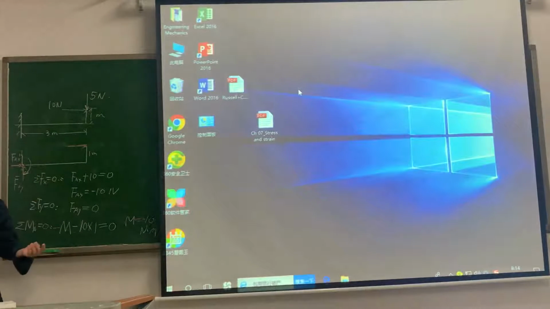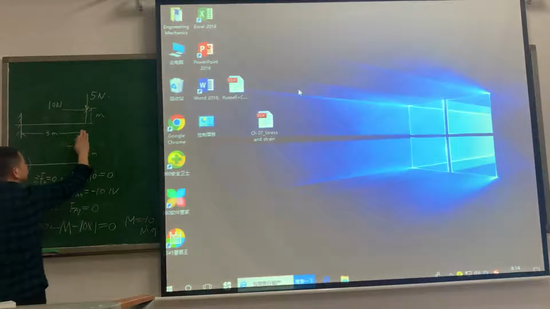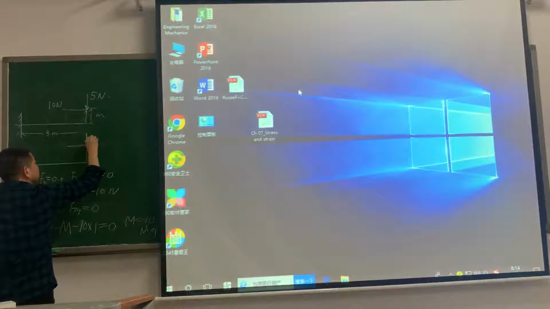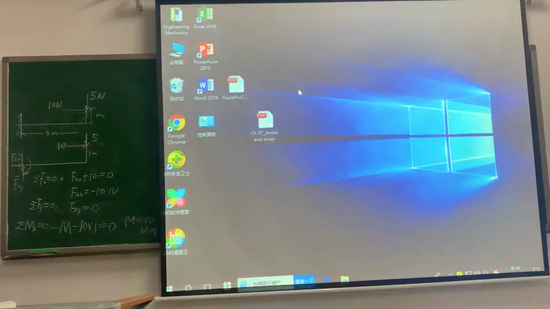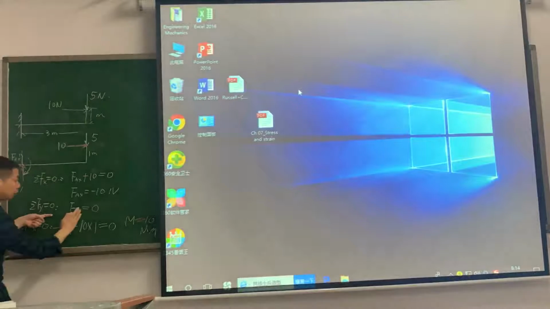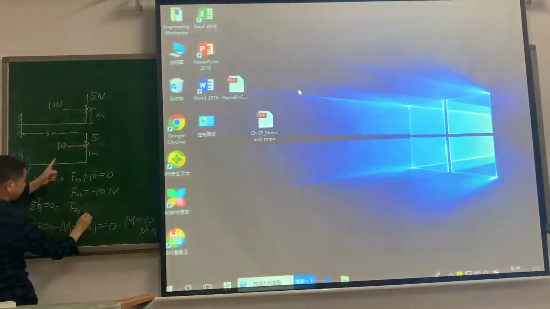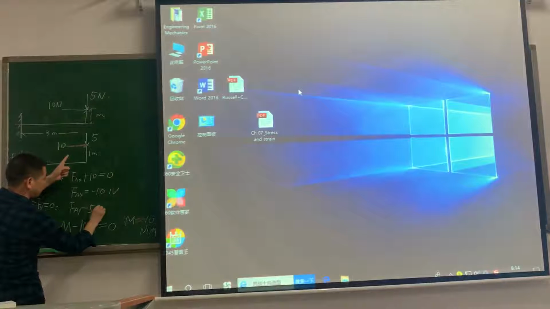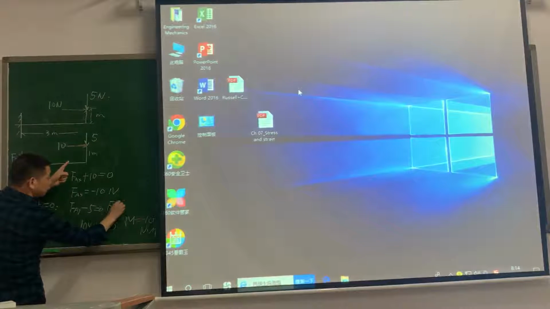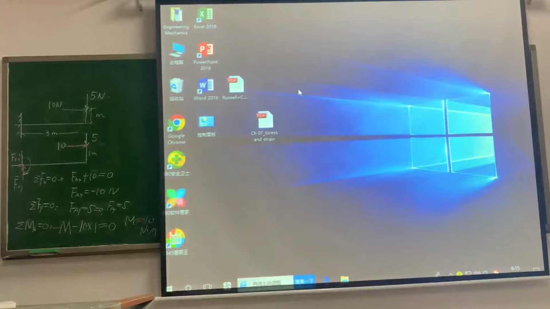Yes or not? I change the problem. Then we get the free body diagram. Is it here? Yes or no? The equation: for this equation, we have Fay minus 5 is 0. So Fay is 5. Understand?